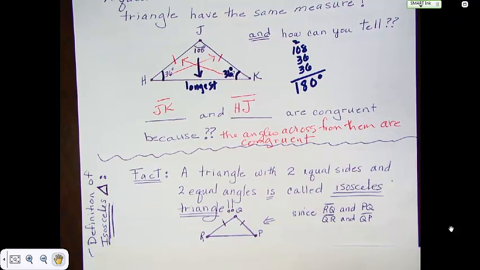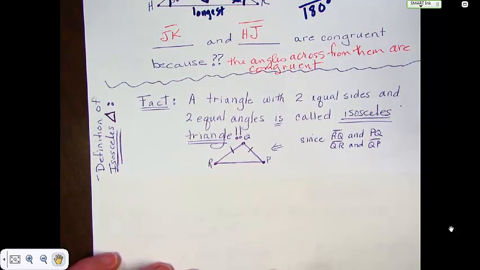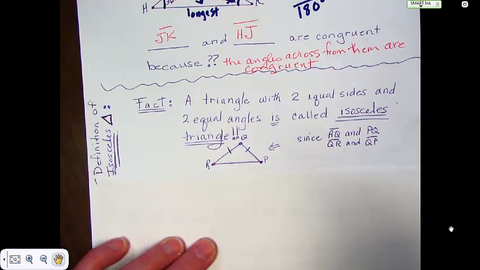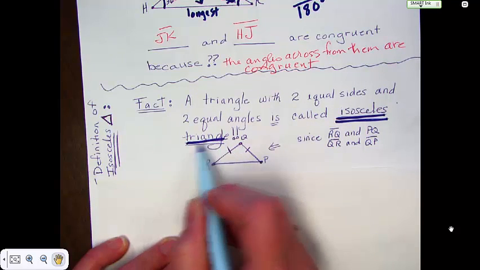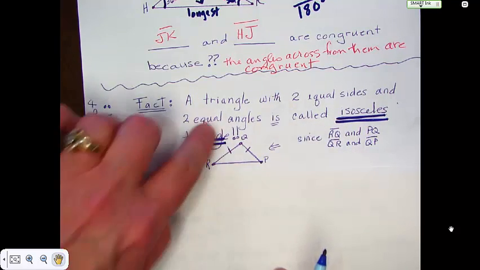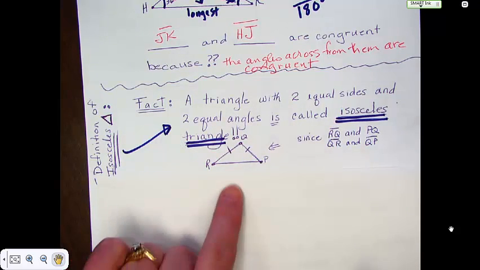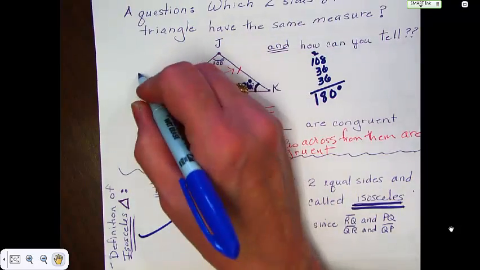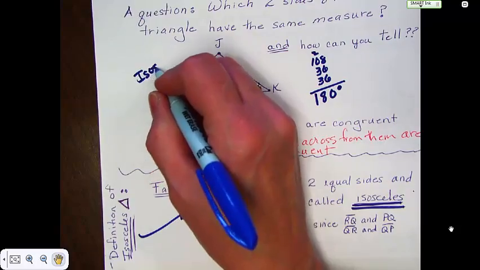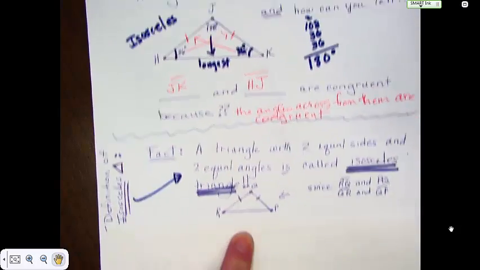Fact. A triangle with two sides that are equal and two equal angles is called isosceles. Now, I think you probably knew that, okay? This is the definition right here for an isosceles triangle. This one we just worked on, this triangle here is isosceles because this side and this side are equal.